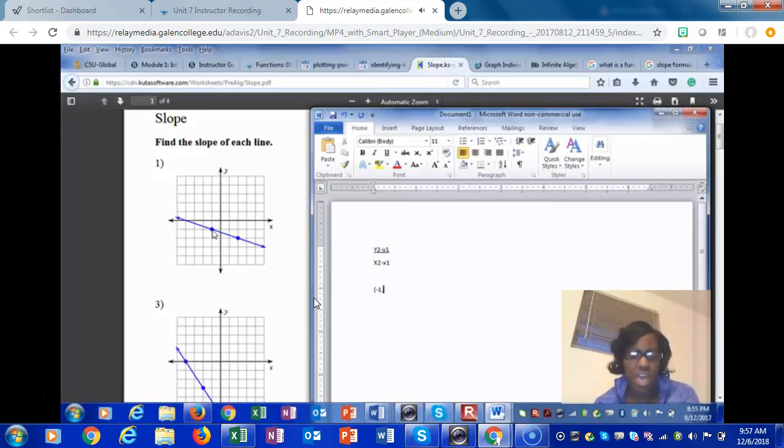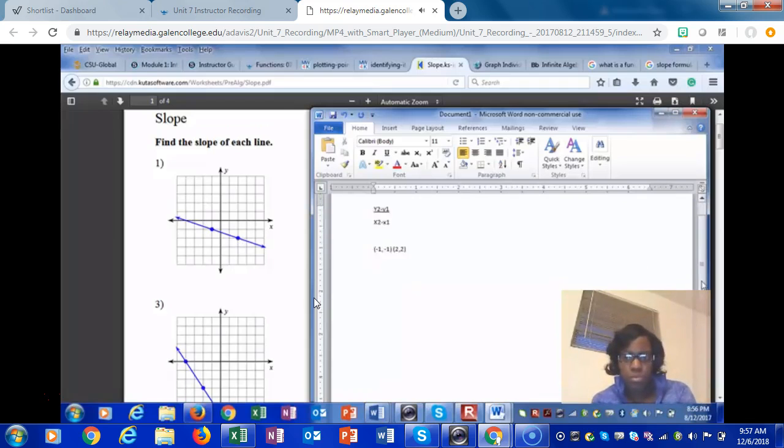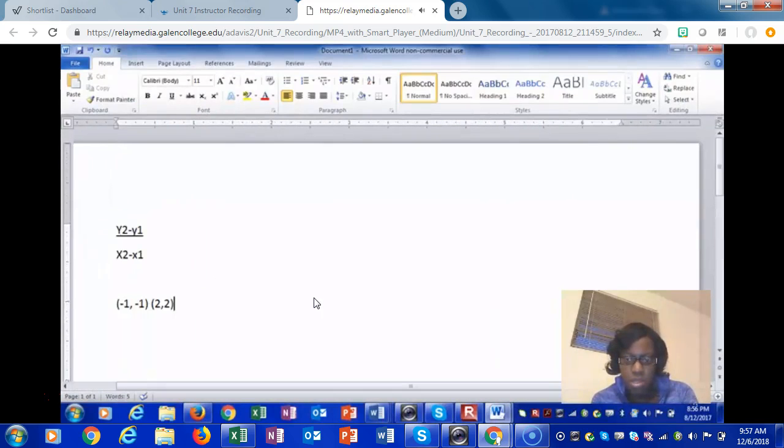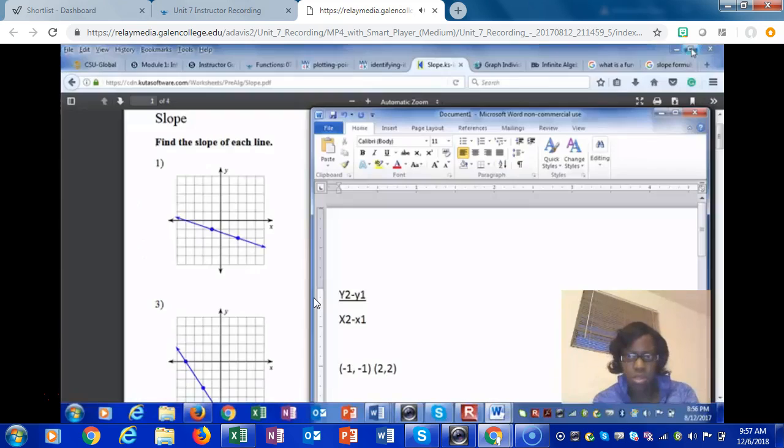So we have -1, -1. Here is another point, starting at the origin, going over 2, down 2. So you have 2, 2.